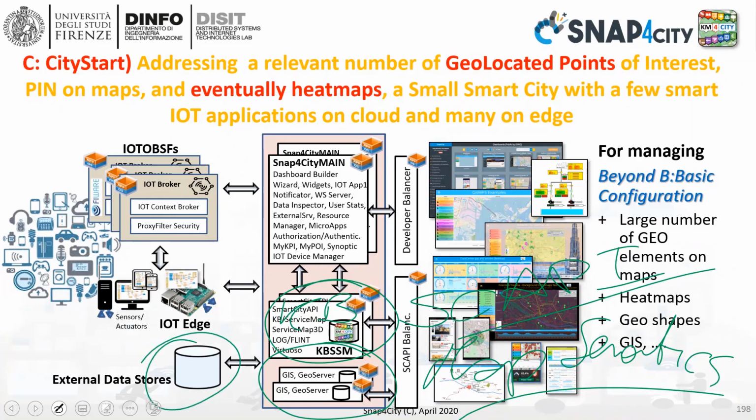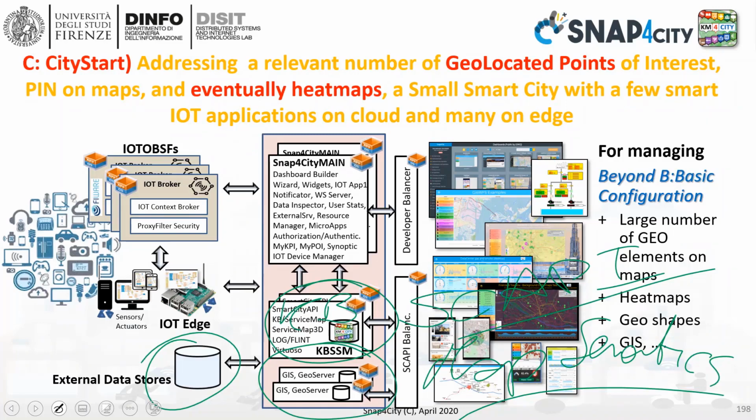This is a mixed, very small case for a city, because in this case you may have a connection with the GIS of your city, your municipality, and you may have a connection with the IoT devices connected to the brokers. They can be positioned into the knowledge base by means of the IoT directory.